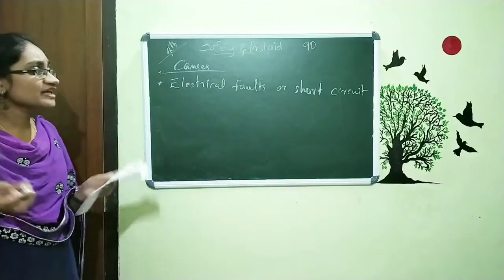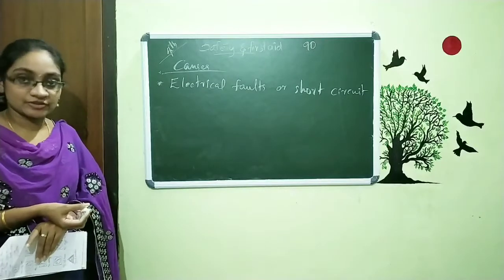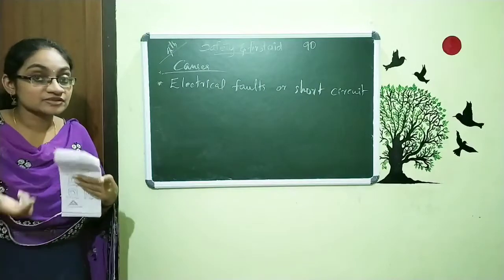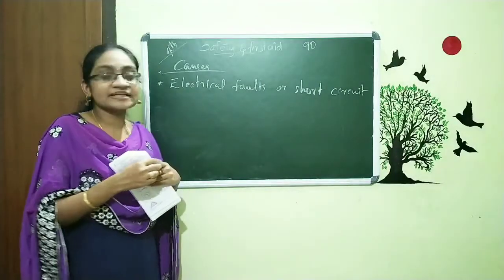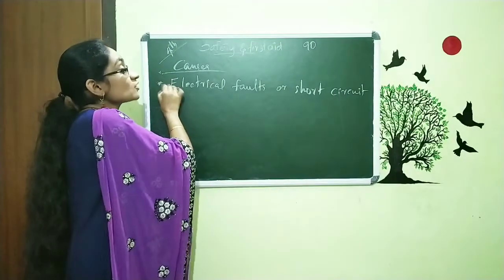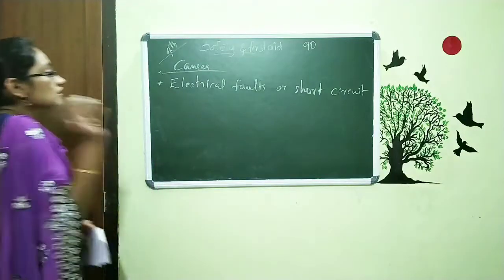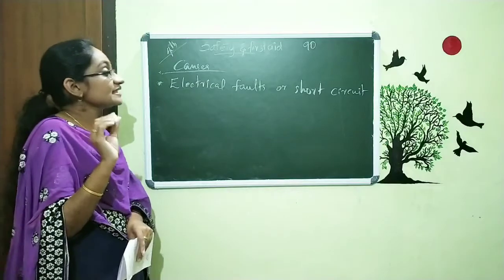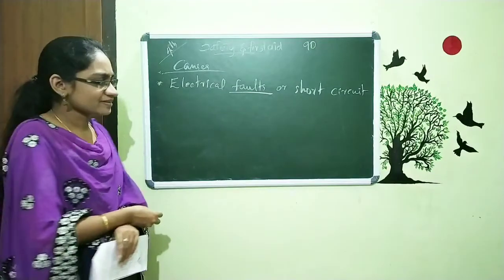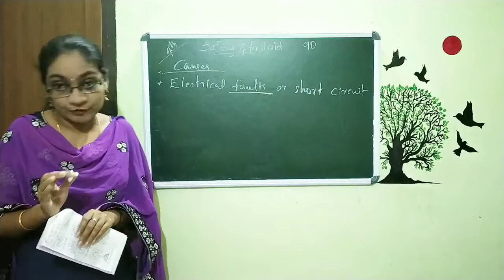Sometimes when these wires get touched, what happens? There occurs a short circuit. So that's why we make these wires with blue color, yellow color, the colors you can see. That is some sort of insulating material. Insulated means we are avoiding the possibility of a short circuit. So one of the causes for catching fire is electrical faults and short circuits. You just want to understand the mistakes that occur within electric circuits.